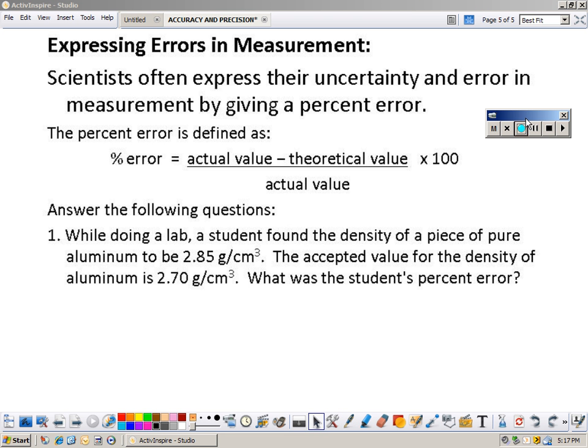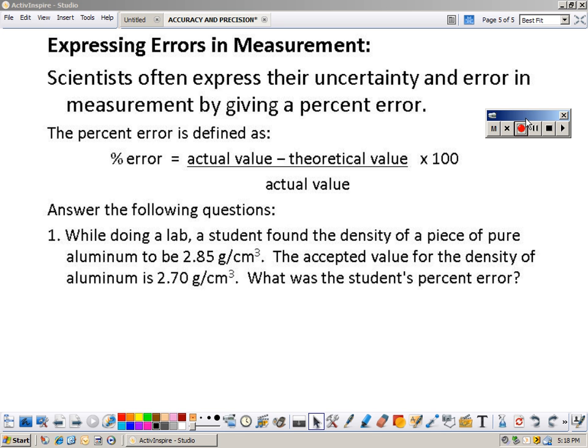Best way to do that, I think, is with an example. Scientists often express their uncertainty and error in measurement by giving a percent error. The percent error equals actual value minus theoretical value divided by the actual value, and then you change that to a percent by multiplying by 100.